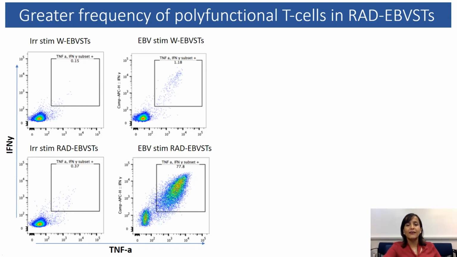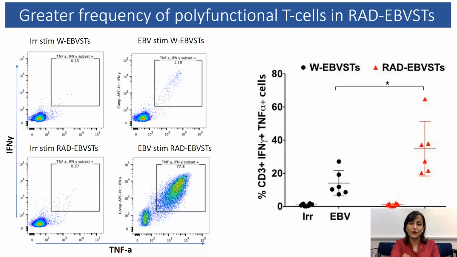As you can see here, on the top panel, you are looking at the interferon gamma and TNF-alpha secreted by the whole EBV-specific T cells, and in the bottom by the RA-depleted EBVSTs. And you can observe that RA-depleted EBVSTs with EBV stimulation do indeed secrete a significantly higher frequency of interferon gamma and TNF-alpha T cells compared to what you observe with whole EBV-specific T cells.